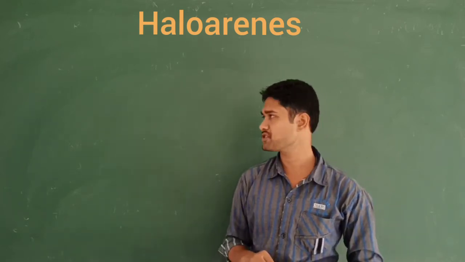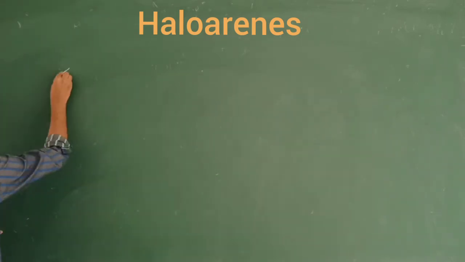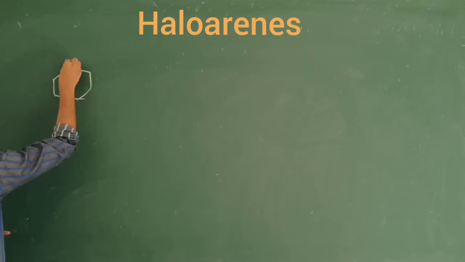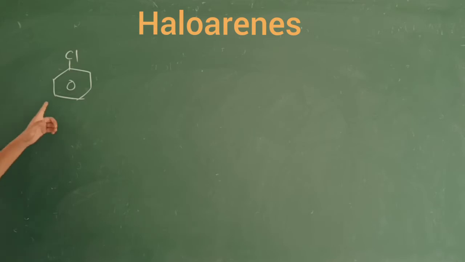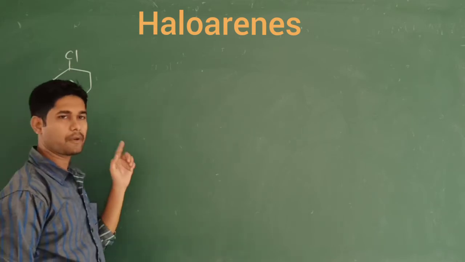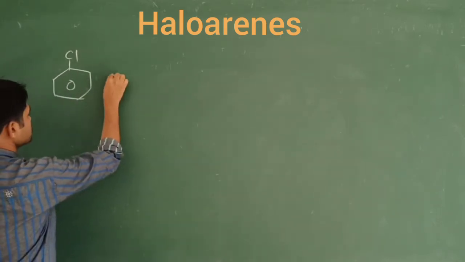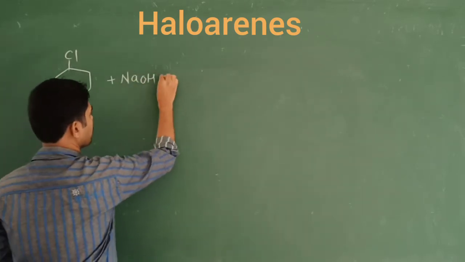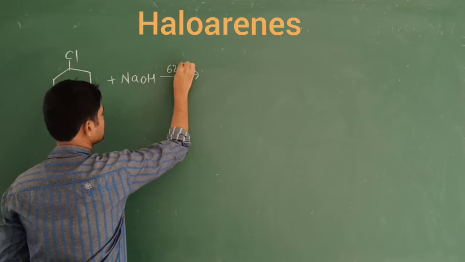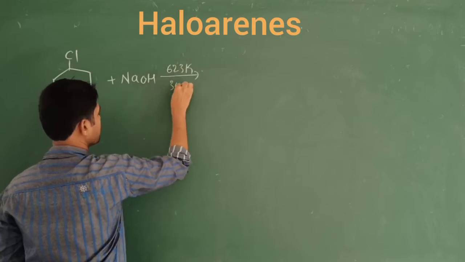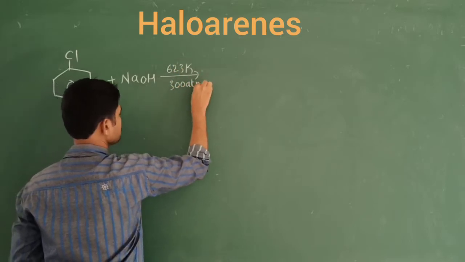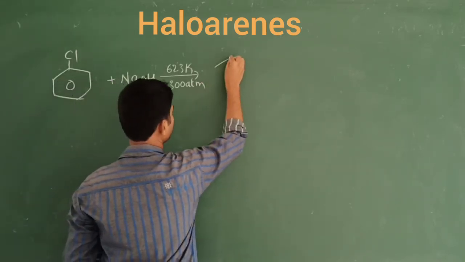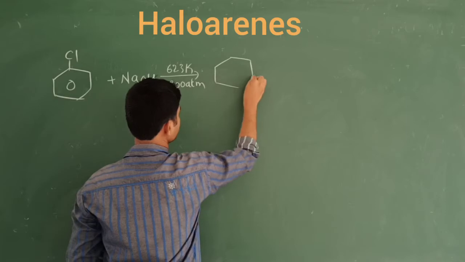Let's take a simple reaction. This is benzene, and I am going to take the chlorine group. This is a haloarene, called chlorobenzene. Chlorobenzene is treated with aqueous sodium hydroxide at around 623 Kelvin and 300 atmospheric pressure. We obtain sodium phenate, the intermediate step. That is ONa, sodium phenate.